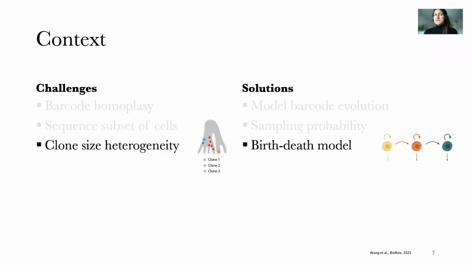Another potential challenge is clone size heterogeneity. However, we model the population dynamics by using a multi-type birth death model. And under this model, the population size or the clone size is stochastic. So the three challenges I've just presented, I borrowed from Shou and Wang's preprint, and I'd like to add two more.